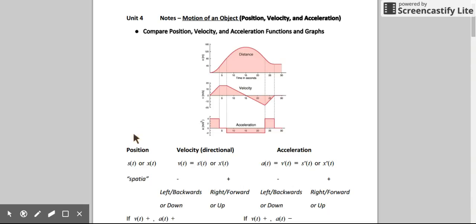If a position function is given to us as an initial or starting function, then we can describe its derivative as velocity and the derivative of that as acceleration. So if I'm given a position function, that's telling me how an object is moving through space.